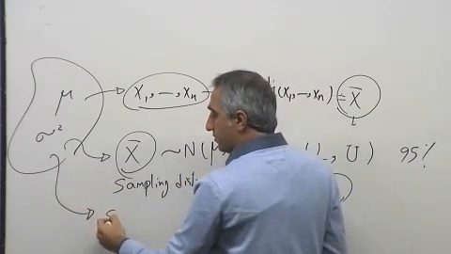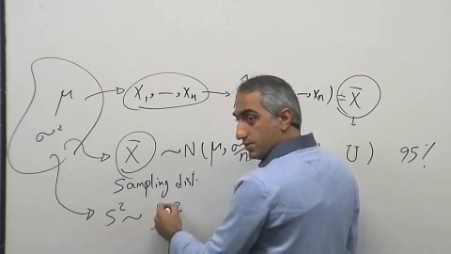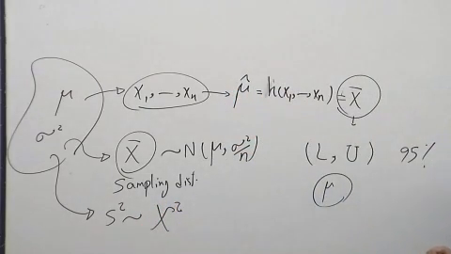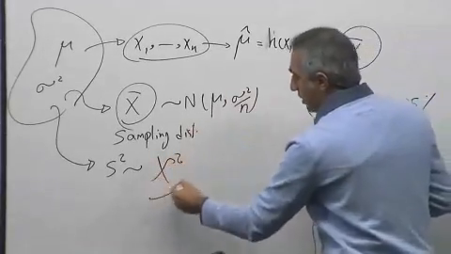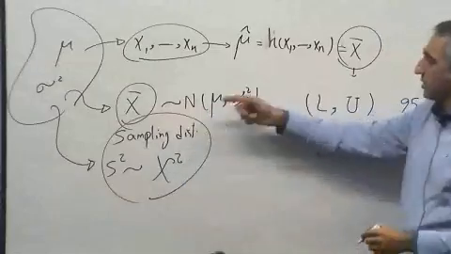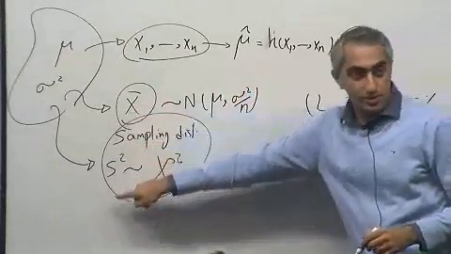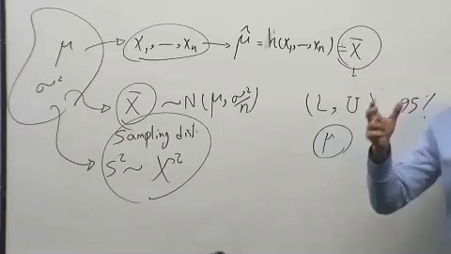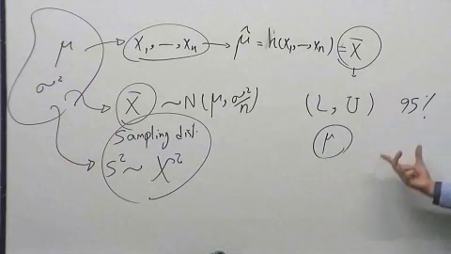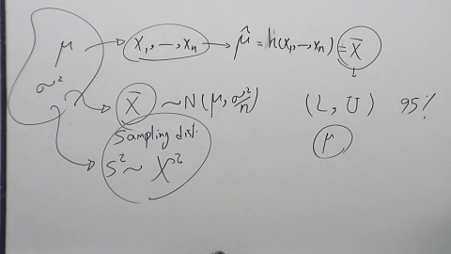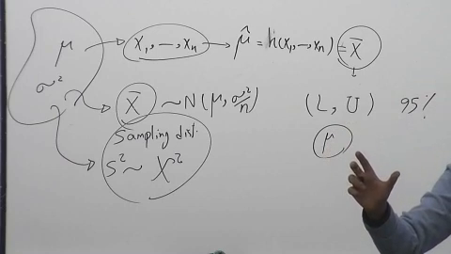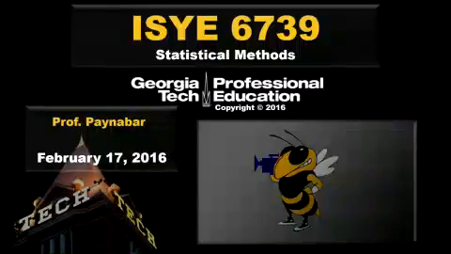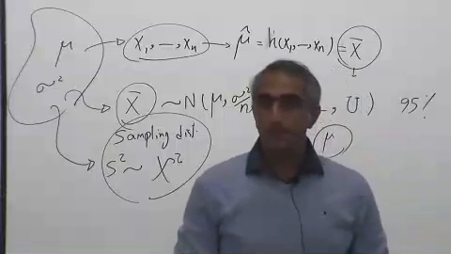For s squared it was the chi-square distribution. Okay? Now what I'm going to do is connect these two. I know the distribution of x bar, my point estimator, or s squared, so I can use this information to build this confidence interval. That's the connection between the sampling distributions and the reason that you learn sampling distribution and point estimator. So sampling distribution on one hand, point estimator on the other hand, then together we can find confidence intervals. Okay?